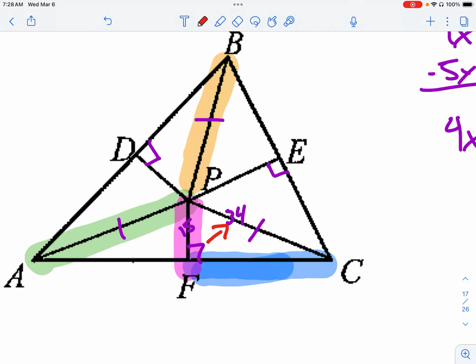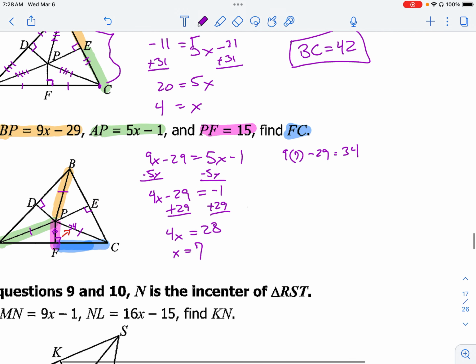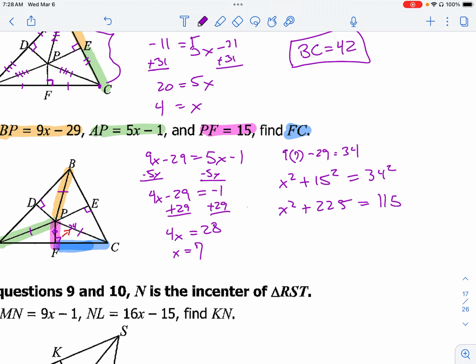And the right angle always points at the hypotenuse. So we know 34 is our c squared. So we got x squared plus 15 squared equals 34 squared. So x squared plus 225 equals 34 squared, which is 1156.